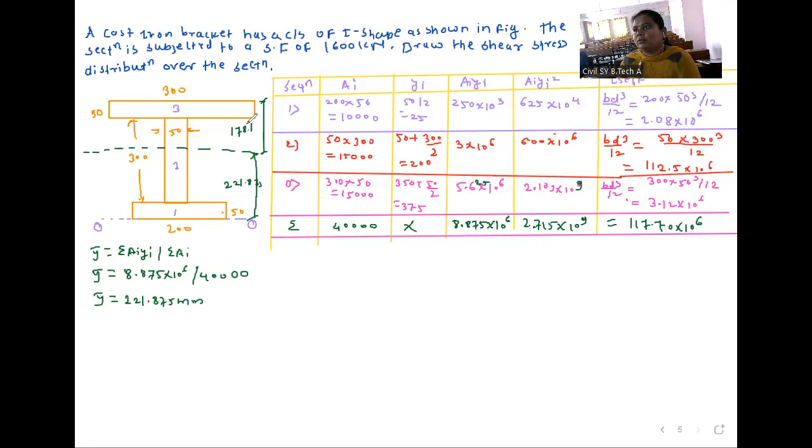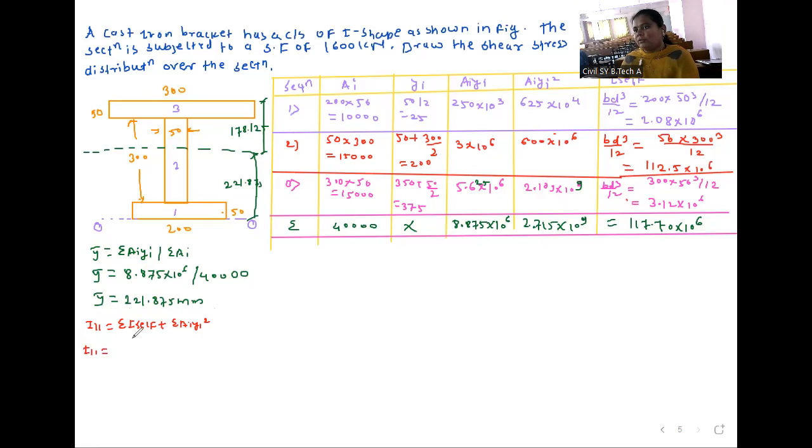178.125 or 35.125. Okay. After that, we will calculate moment of inertia about 1-1 axis. So I11 is equal to summation of I self plus summation of A y squared.